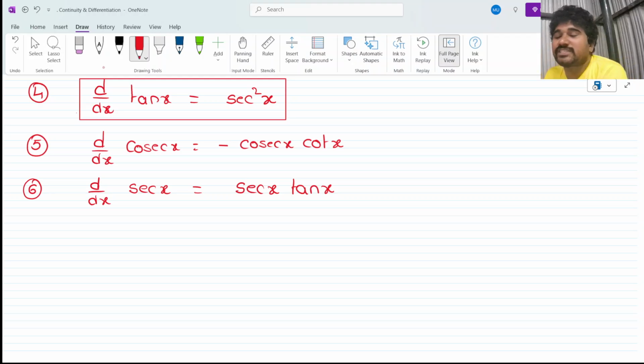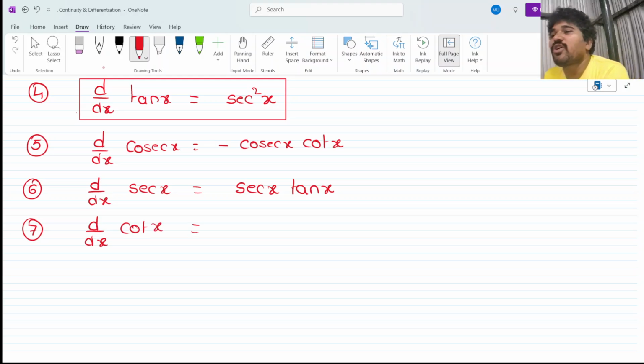What is the differentiation of secant x? Secant x into tan x. What is the differentiation of cosecant x? Minus cosecant x into cot x. Differentiation of secant x, secant x into tan x. Clear?